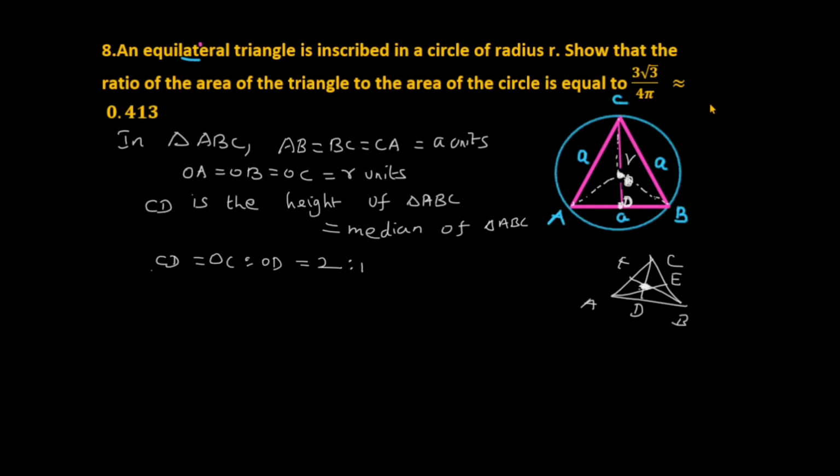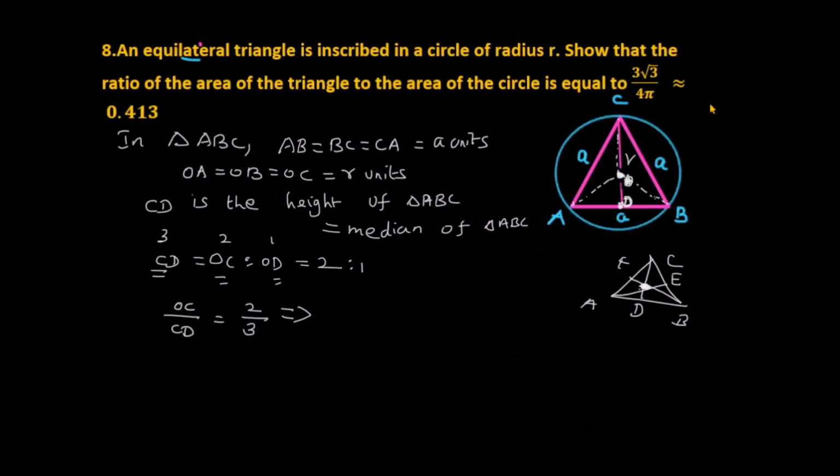So CD totally has 3 parts. OC has 2 parts and OD has 1 part. So if I am writing this, OC divided by CD. Out of CD, OC is nothing but 2/3. Total parts 3, out of that OC is 2 parts.